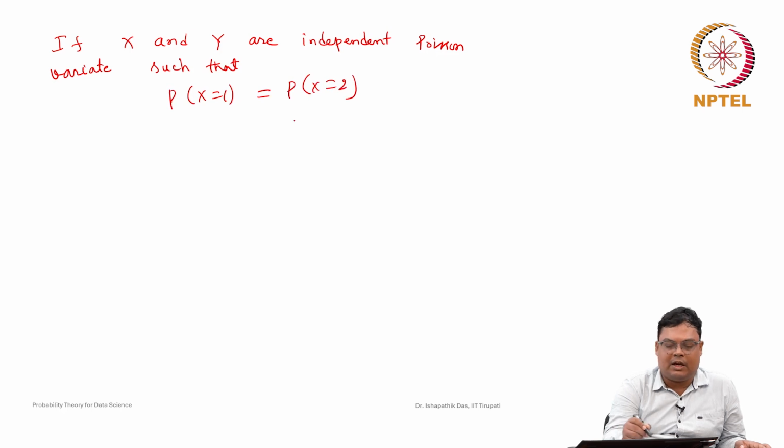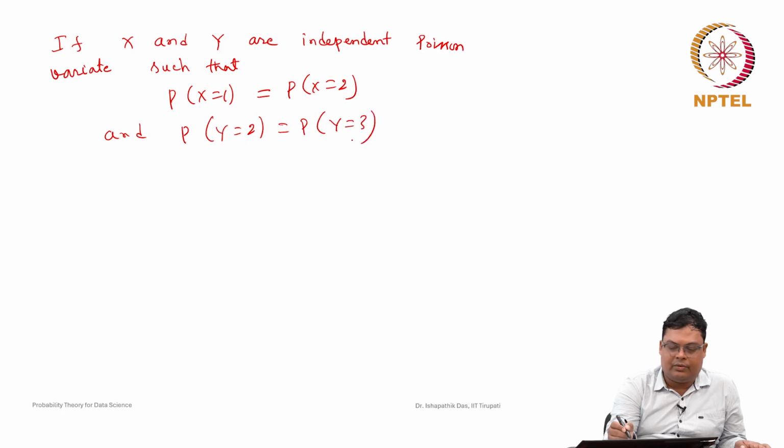It is given, and also it is given that the probability that y is equal to 2 is equal to the probability that y is equal to 3.